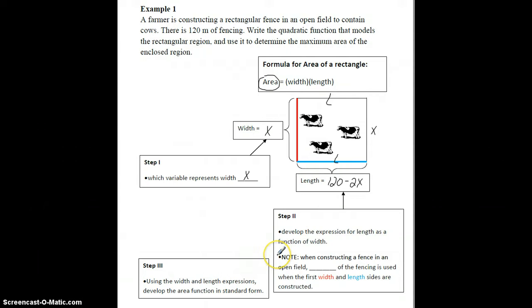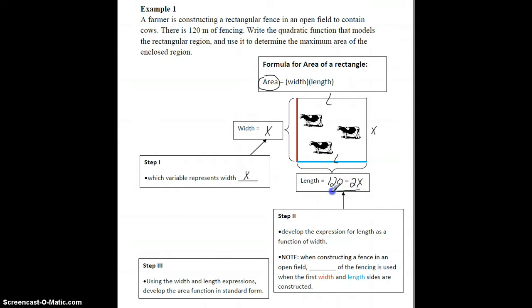Now, when constructing a fence in an open field, length of the fencing is used when the first width and length sides are constructed. You also need to keep in mind that what we have written here stands for twice the length, so it's all the length that's used. So how much will one side be?